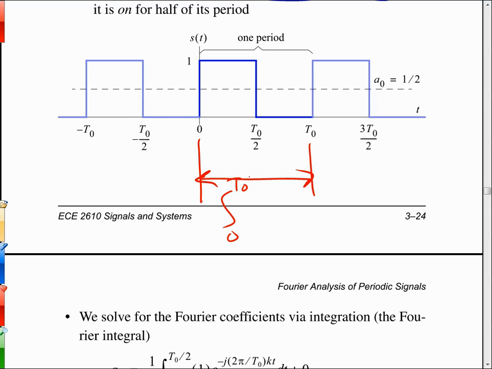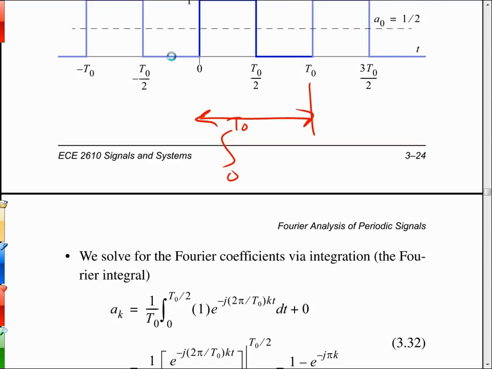But it turns out, from the math, my period could be picked over here. I could pick the period like that. All that matters in the Fourier analysis equation is that I integrate over one period somewhere. For this first example, we're doing it from 0 to T naught.